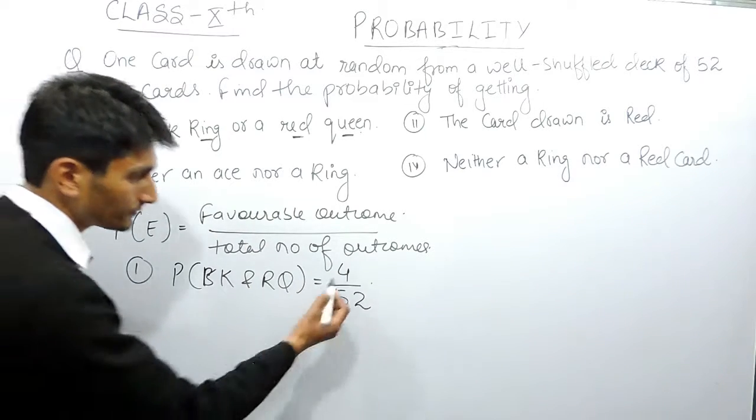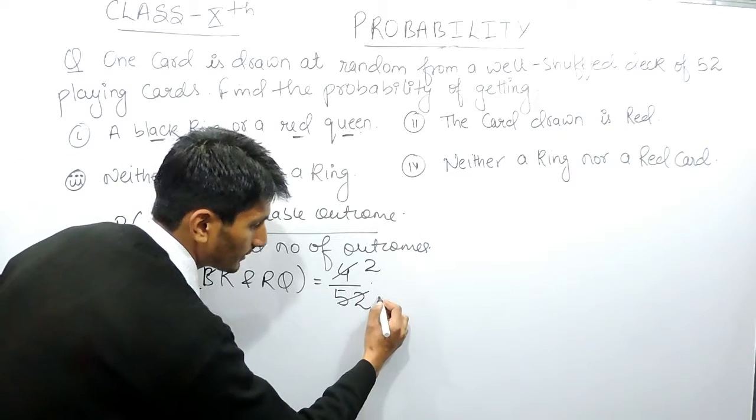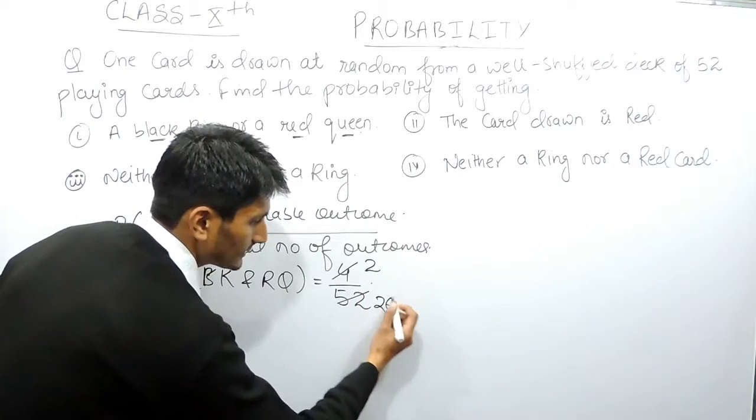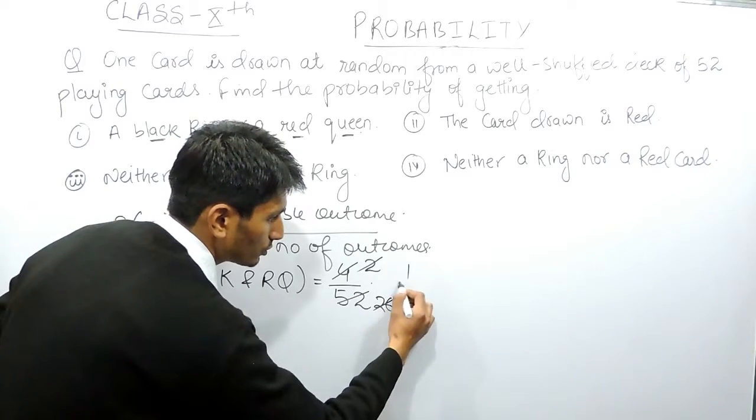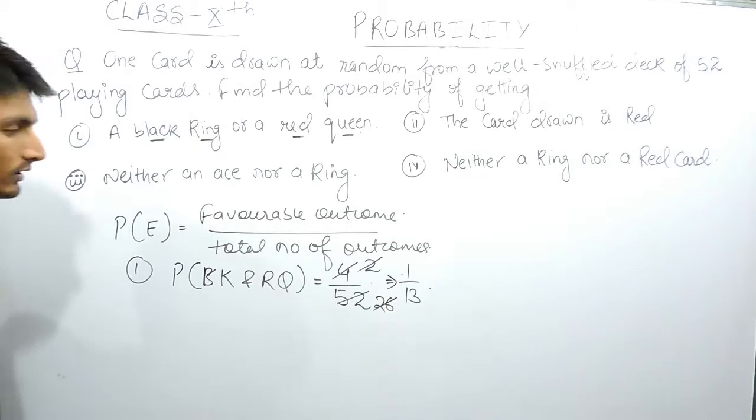If I cancel this out, this will be 2 upon 26, which is equal to 1 upon 13. So the probability will be 1 upon 13 here.